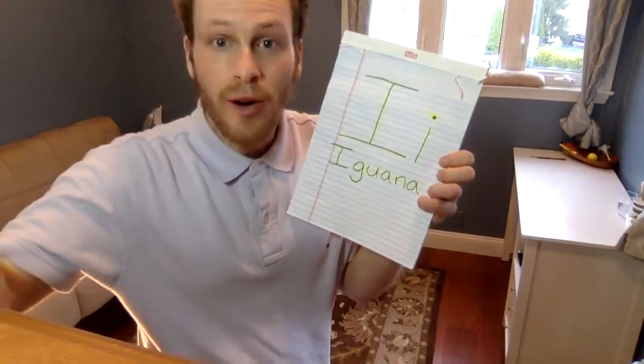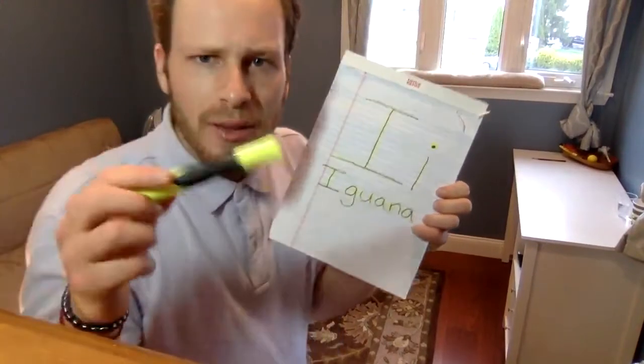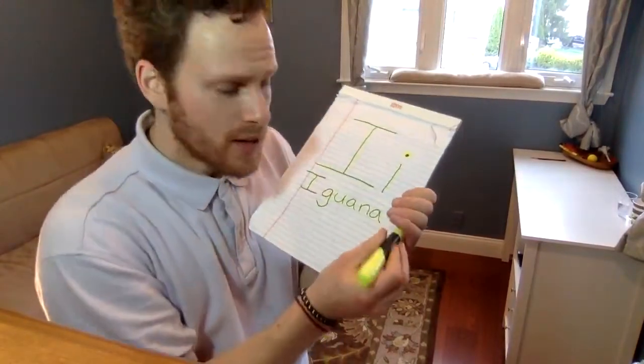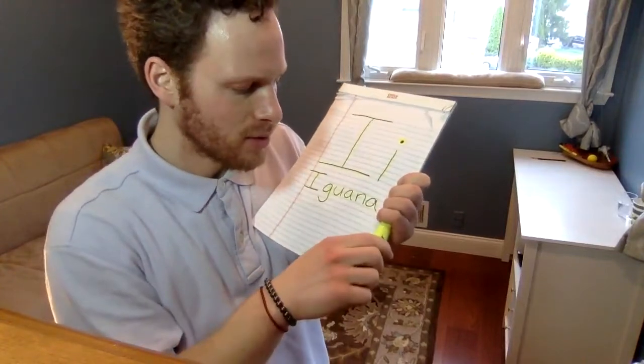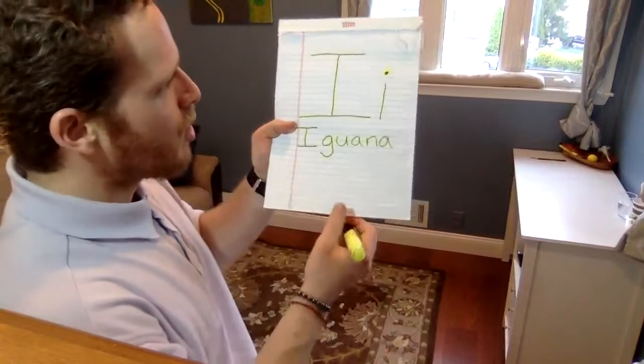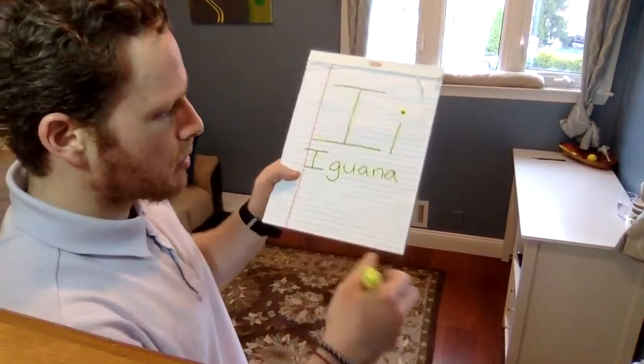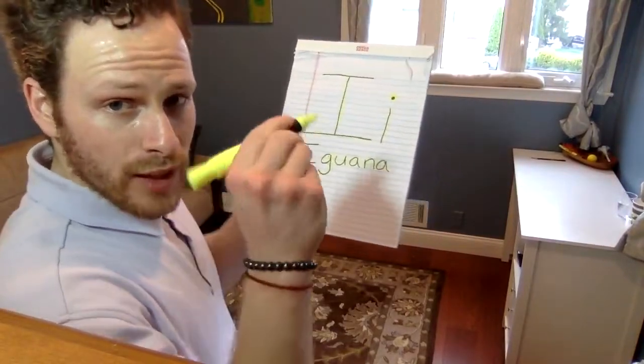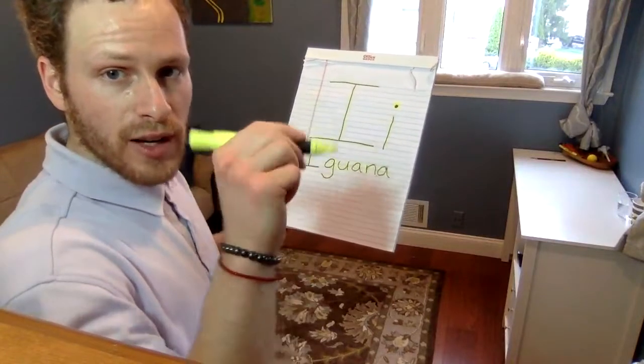Okay. Let's see if we can write our word inchworm. So same thing. If we're using our highlighter or our pencil, either way, we're gonna hold it in our fingers. One hand is holding our notebook. Let's see if we can use just our fingers to write.